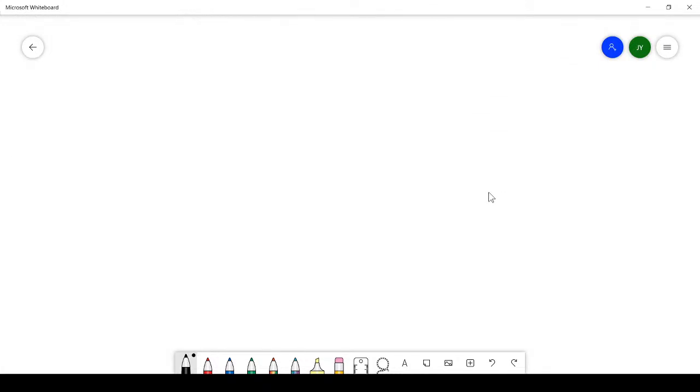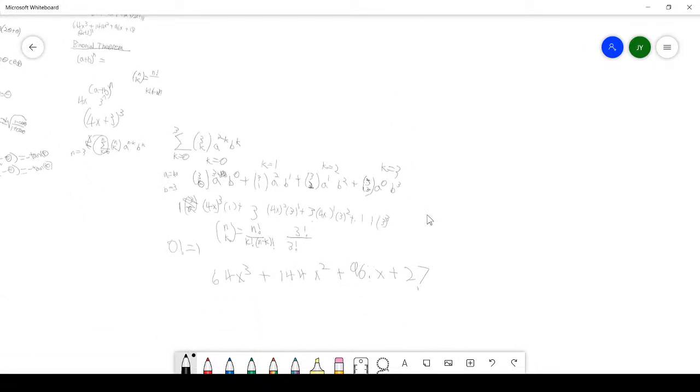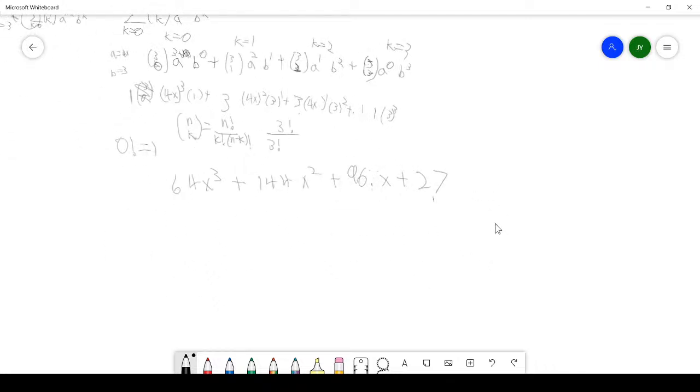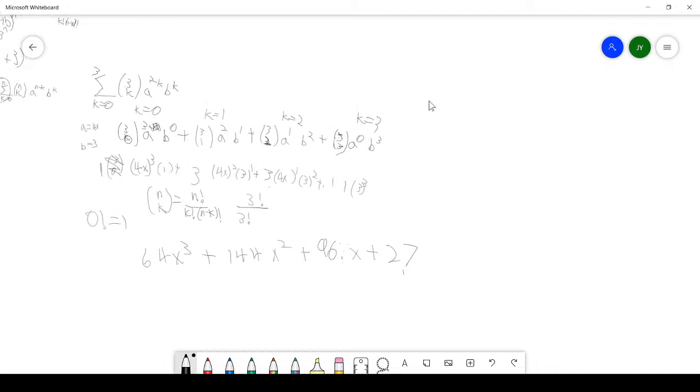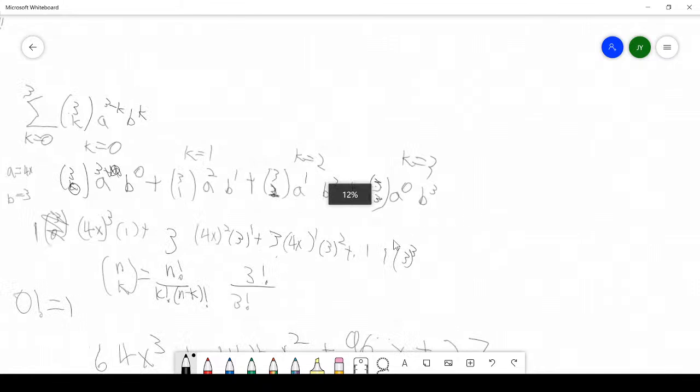Now, you might be thinking, what's the point of doing this whole thing? This took way longer. This took like 20 minutes to do. And that's because, to be fair, I was explaining it slowly. The main concept of the binomial theorem itself is simple. It looks complicated, but you see that it essentially repeats itself as n reaches k.